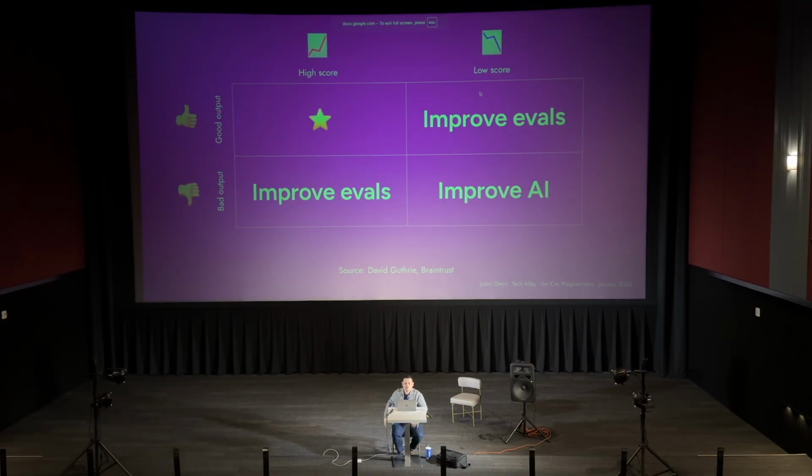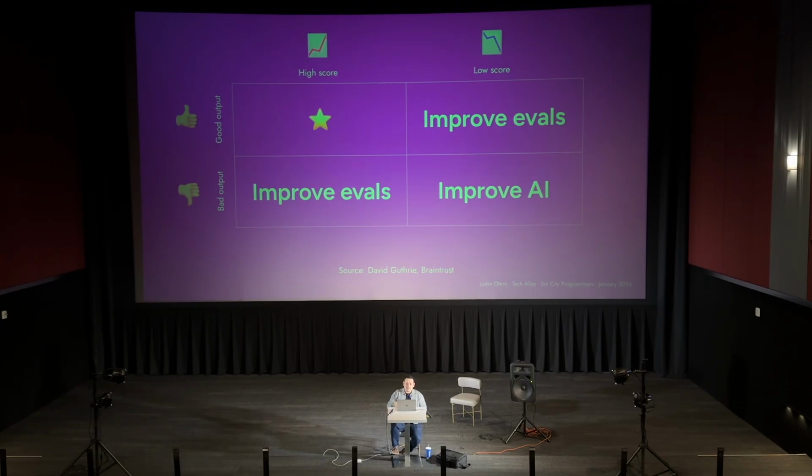So, wondering how do you make adjustments? David Guthrie from Braintrust, one of their solution engineers, has this basic matrix, right? If you had a good output but low score, it's probably your evals aren't good enough.